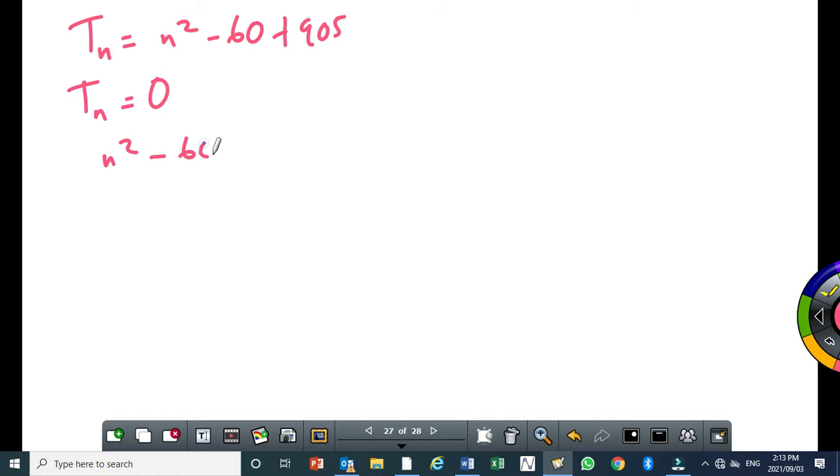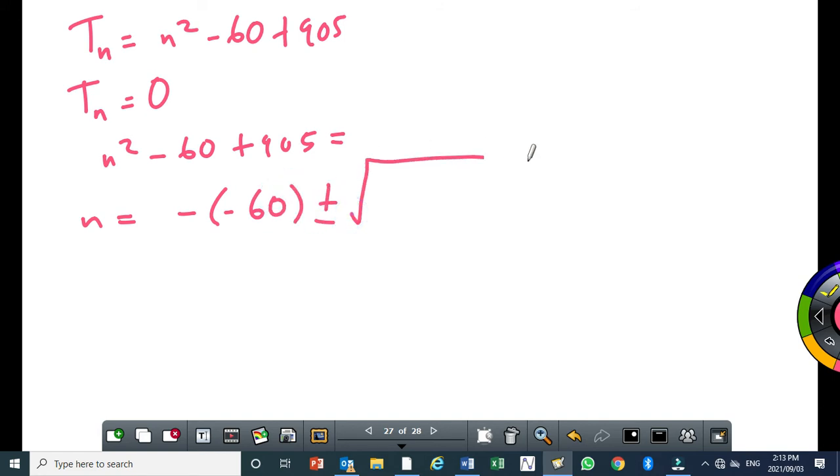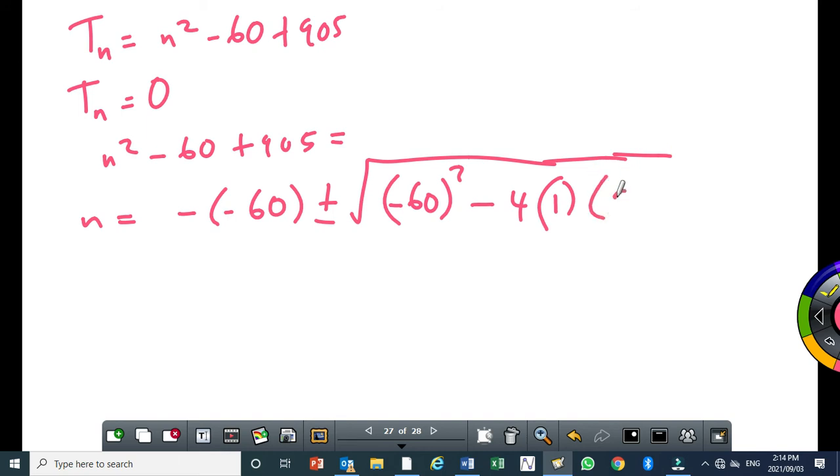n squared minus 60n plus 905 equal to 0. So n is going to be equal to minus b, that is minus minus 60, plus or minus the square root of b squared, that will be minus 60 squared minus 4 times a, which is 1, and c is 905, all over 2 times 1.